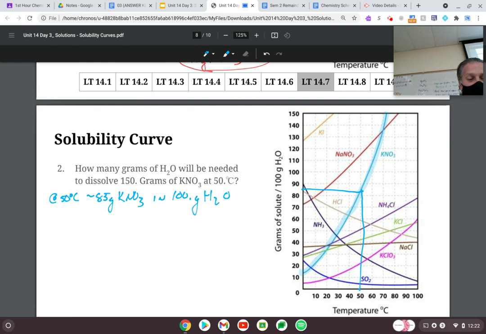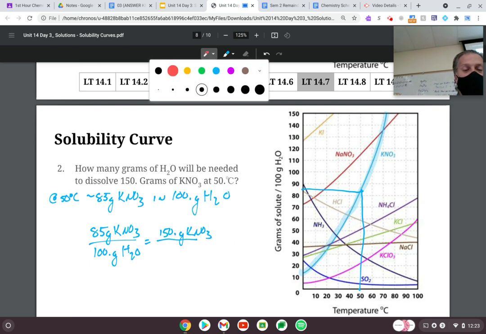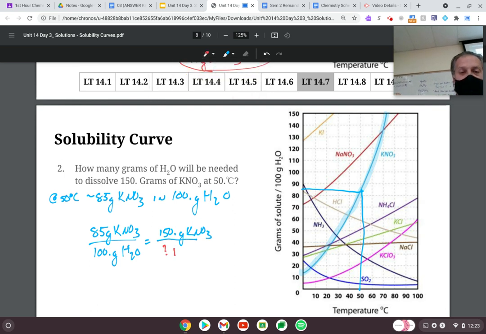So in this case, I'm going to write my proportion as 85 grams of KNO3 in 100 grams of water, and I know that I have 150 grams of KNO3, and I'm trying to figure out the amount of water I need.